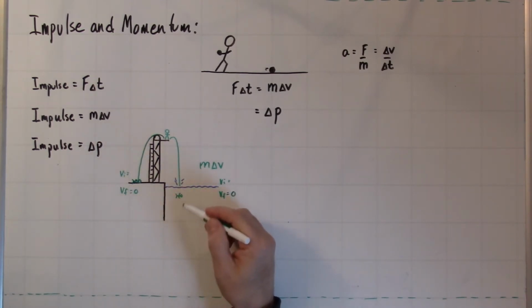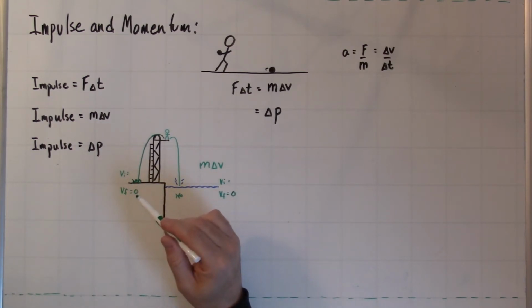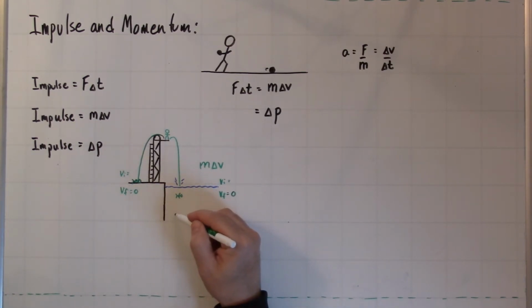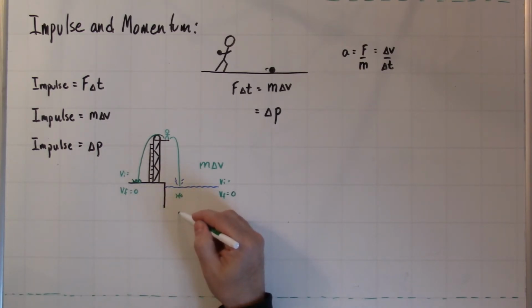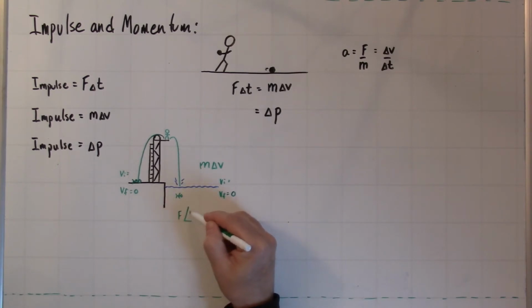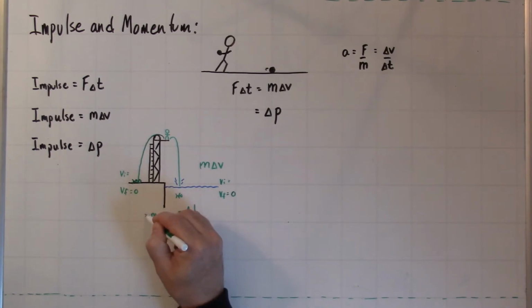Well, in this one over here, it took a comparatively long time to come to a stop. So here, you have a small force because your stopping time is comparatively long. You still have the same mass and the same change in velocity, but over here, what's the difference?